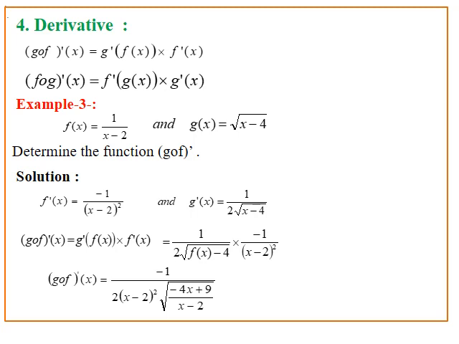As you see above, the derivative of g round f of x is equal to g prime of f of x times f prime of x. So we determine f prime of x and g prime of x; to determine g prime of f of x, we determine g prime of x and then replace x by f of x.